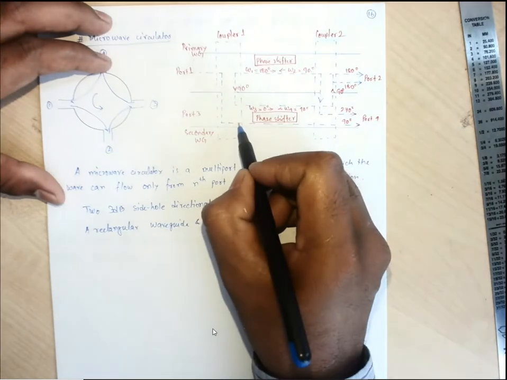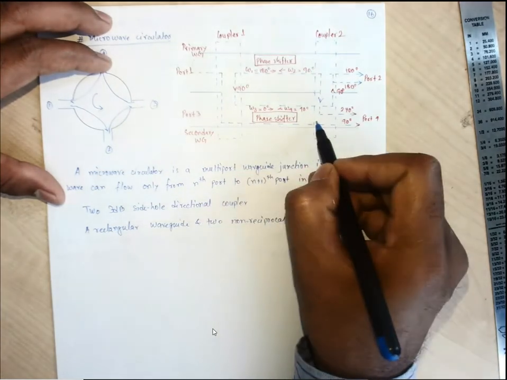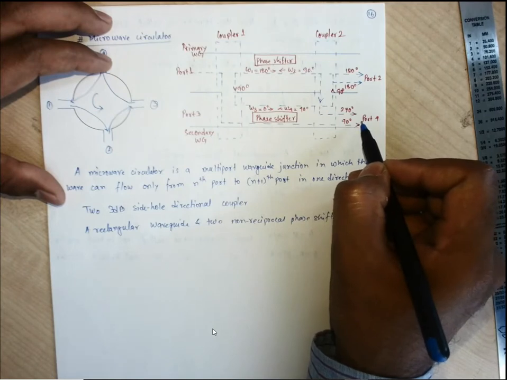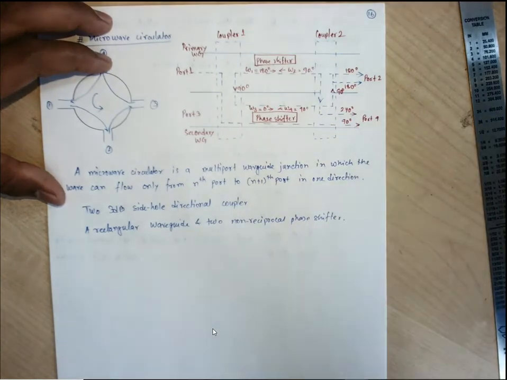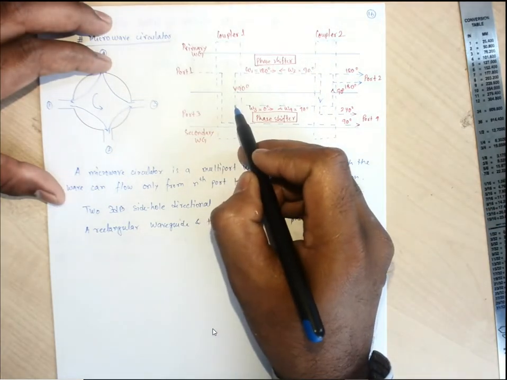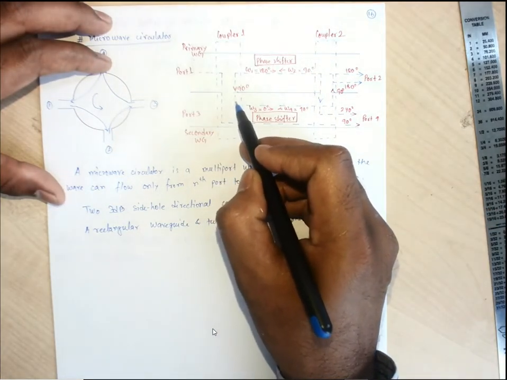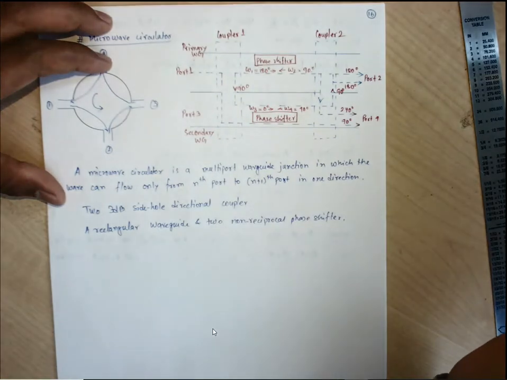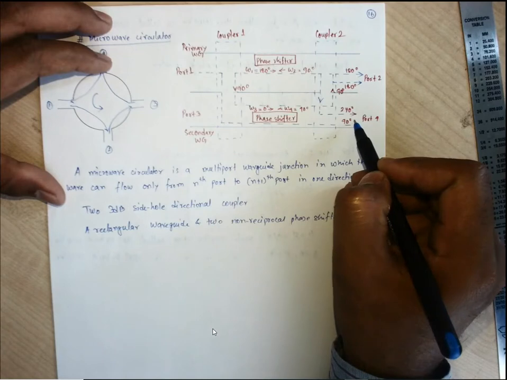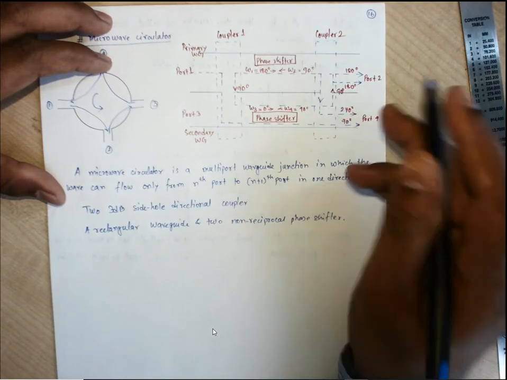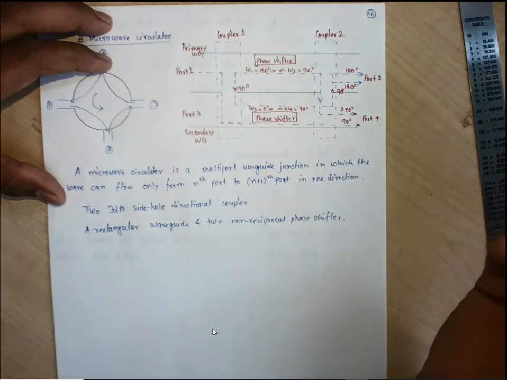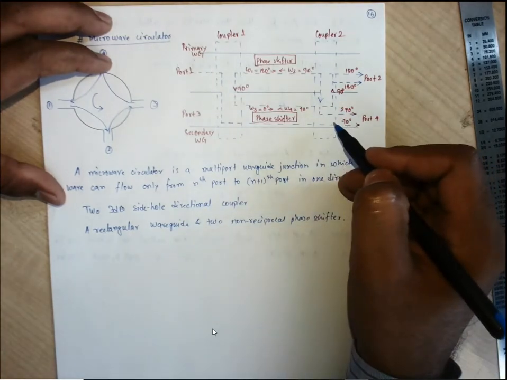So when it comes out of coupler 2, that is from the throw port, it will have the same phase shift. What is that phase shift? The phase shift which it has due to the coupled output of coupler 1. So this 90 degree coming out of the throw port of coupler 2 will have the same phase shift with which the signal entered coupler 2.